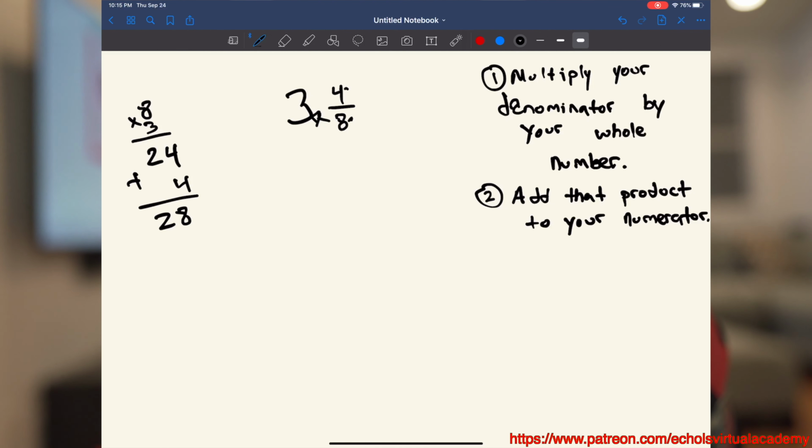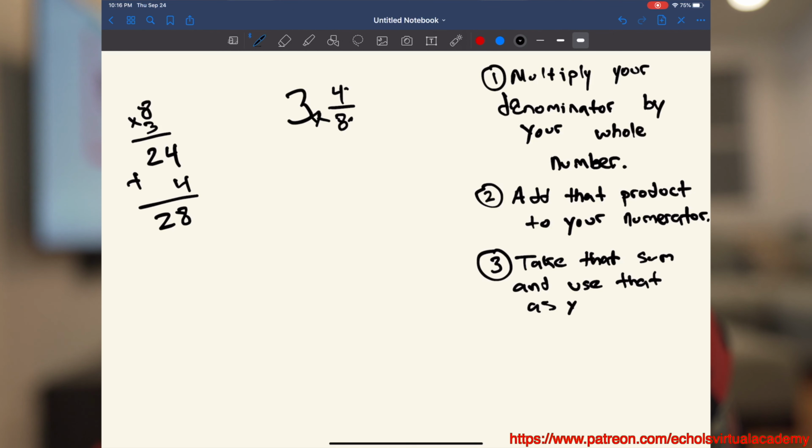But we're still not finished, because now we have to take that sum that you get from adding your product and your numerator, and use that as your new numerator over your original denominator.